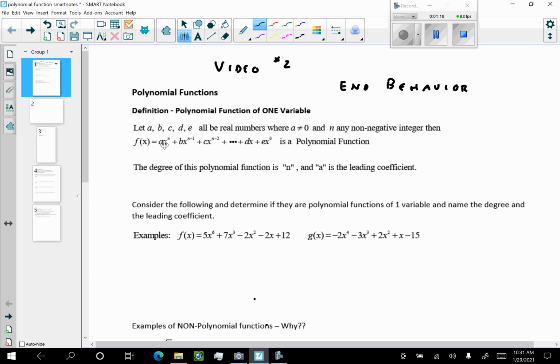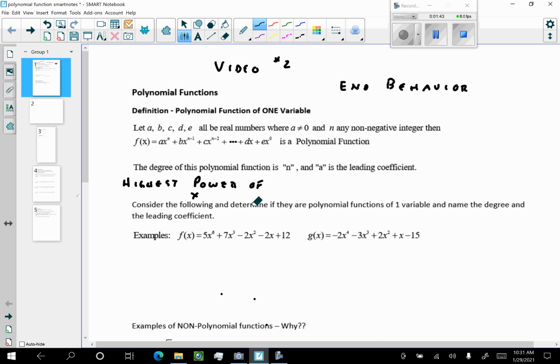So the degree is the highest exponent, the highest power of x that you see. And that's the degree of the polynomial. A is the leading coefficient. A is simply the number in front of that highest power. It's just a real number, could be positive, could be negative.